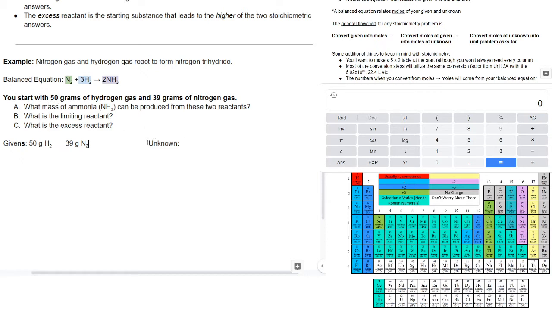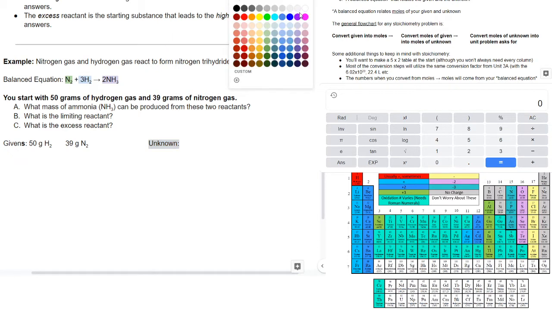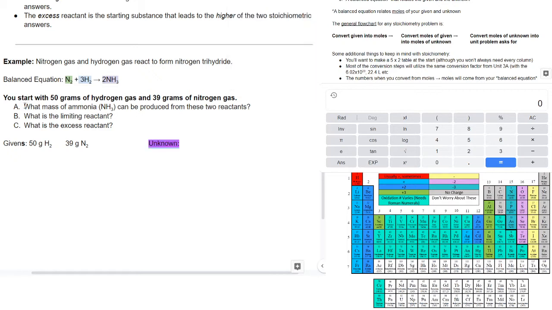We're going to find our unknown in part A. It says what mass of ammonia, which is NH3, can be produced, mass being measured in grams. So our unknown is grams of NH3.